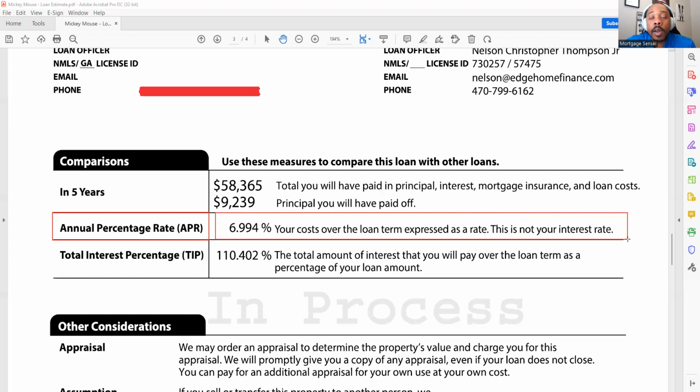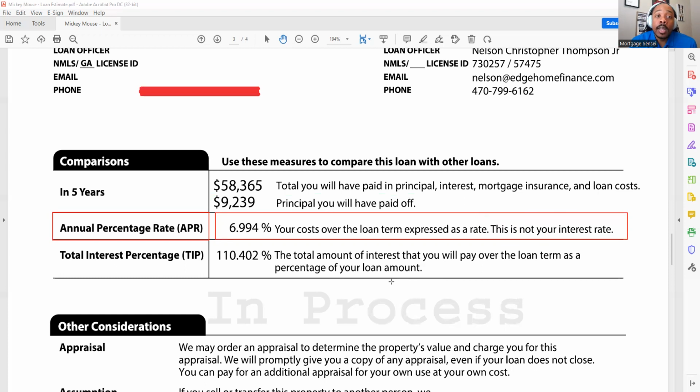This is not your interest rate. So what does that mean? Well, APR has to do more specifically with any cost that you have to pay on the lender side to get the loan, right? It has nothing to do with the title, government recording, escrow, taxes, and insurance. This is all lender, and only lender.